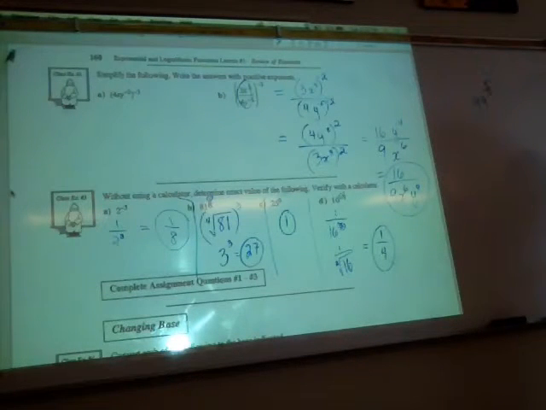Or 7 to the power of 5. Good. So what does the 2 tell me? Square root. Good. What does the 5 tell you? Power of 5. So if I just simplify this, we get 7 to the power of 5. I have to do a little bit of math to figure out what it is, but I just wanted to make sure you knew how to go from a fractional exponent to the radical.